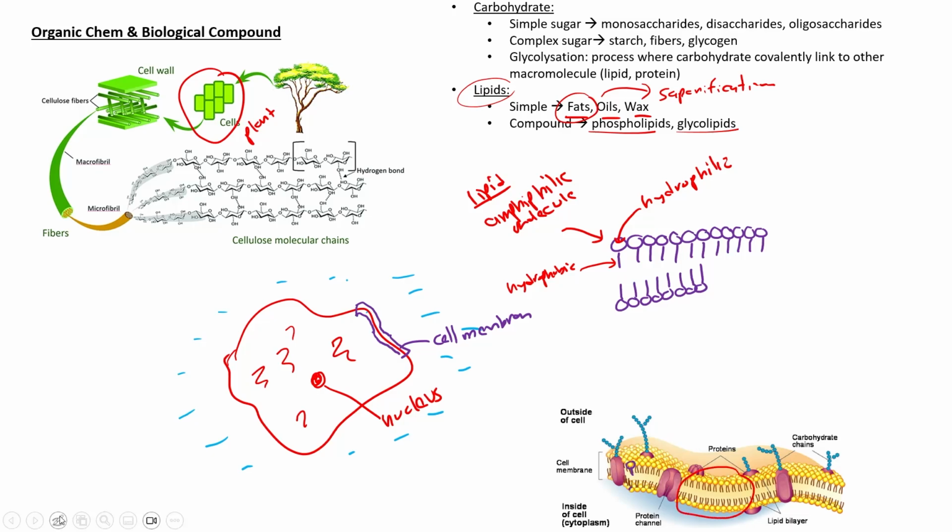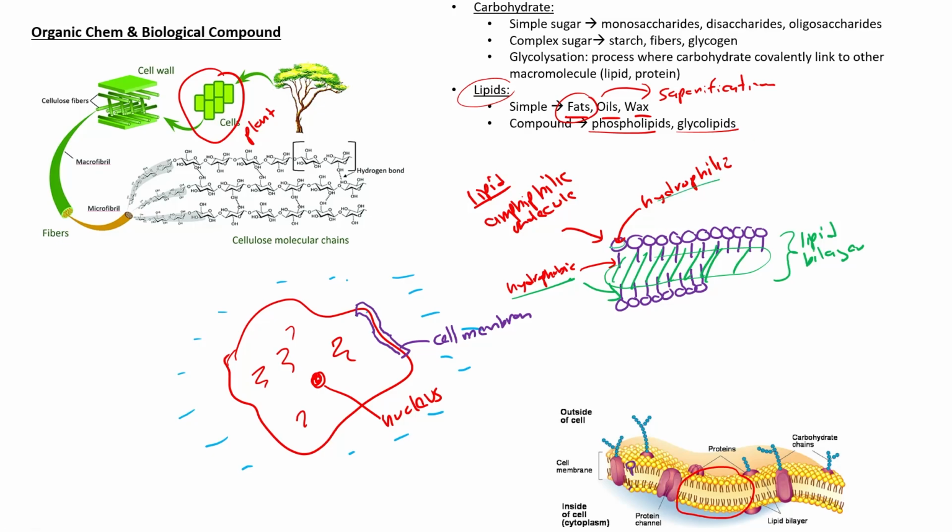If you look at this image at the bottom here, you can see the hydrophobic part. This hydrophobic part here, they will be together, and then the outer part is hydrophilic. That's why the lipid bilayer turns out like this, because normally hydrophobic will tend to gather with another hydrophobic, and hydrophilic will tend to be together with hydrophilic.